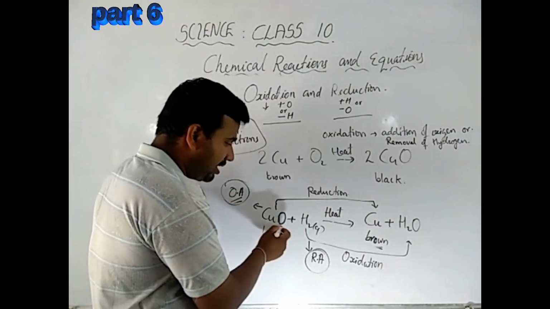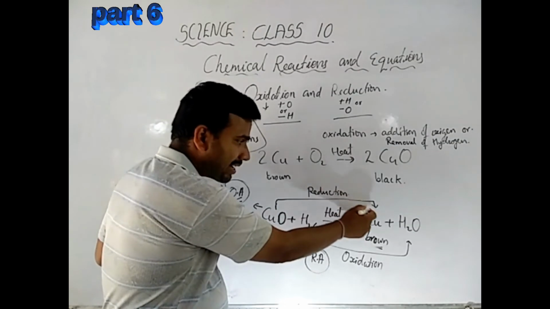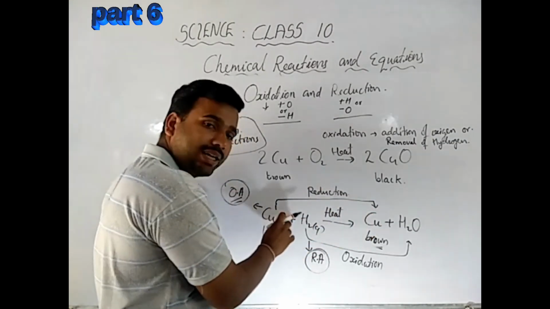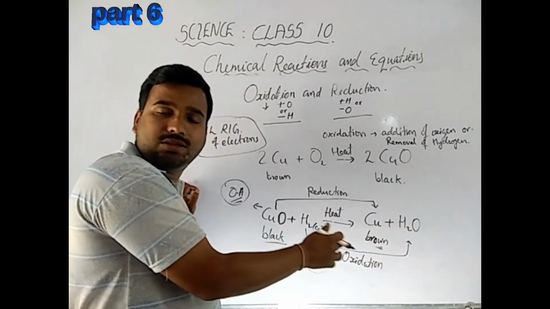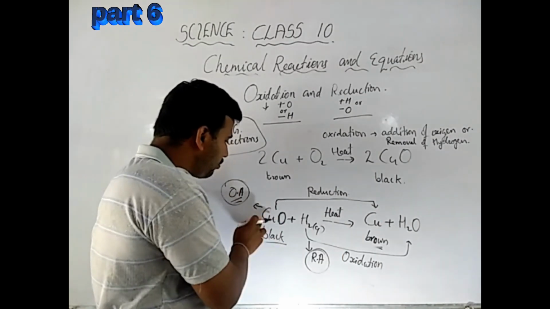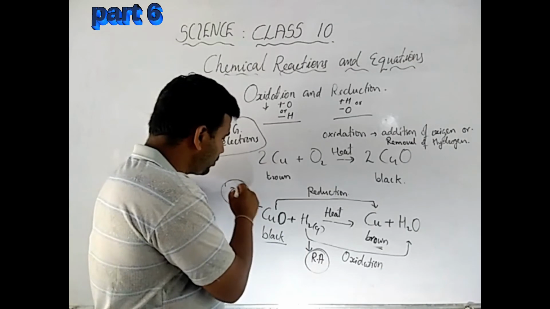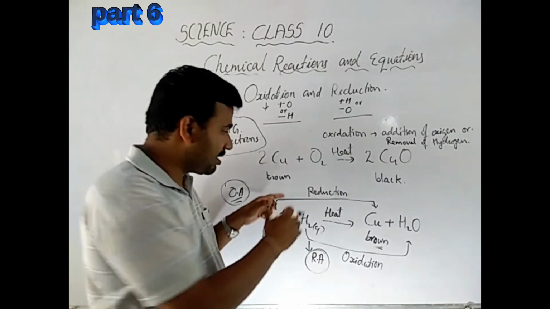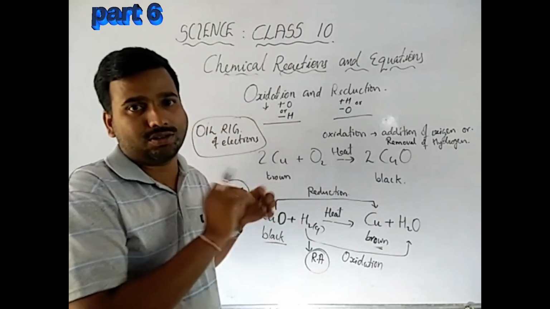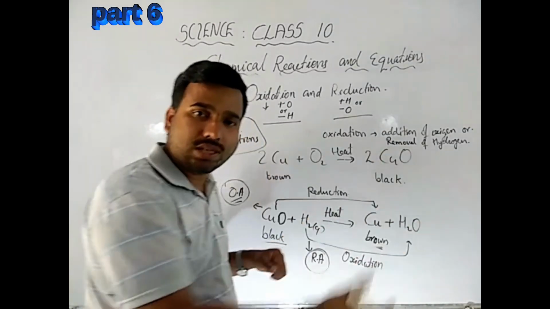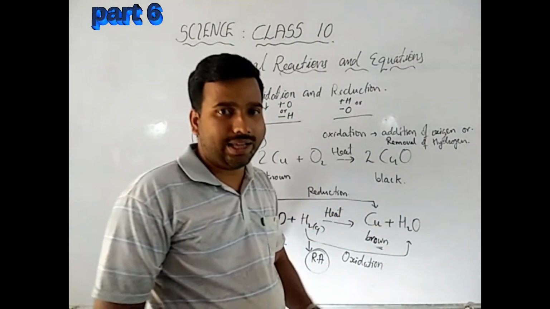Here you can see copper oxide is undergoing reduction. Copper oxide can supply oxygen, so we can say copper oxide is the oxidizing agent. So oxidizing agent means the substance that undergoes reduction, or the substance that supplies oxygen during a chemical reaction.